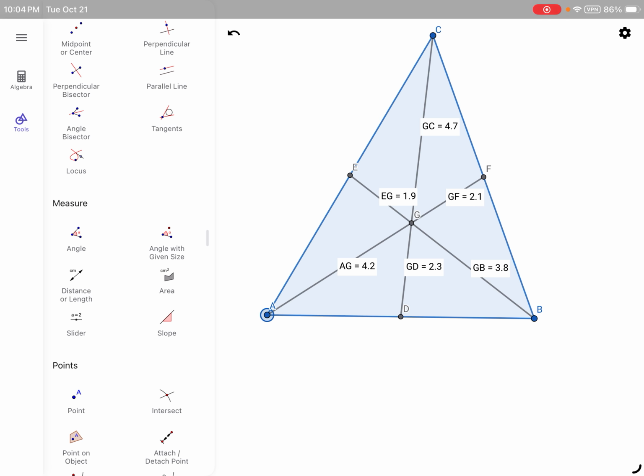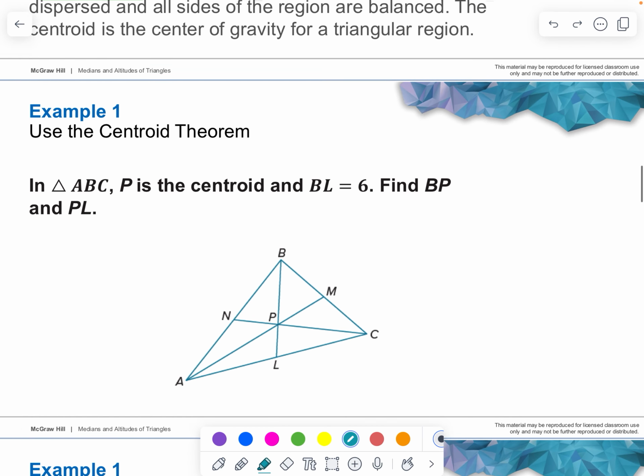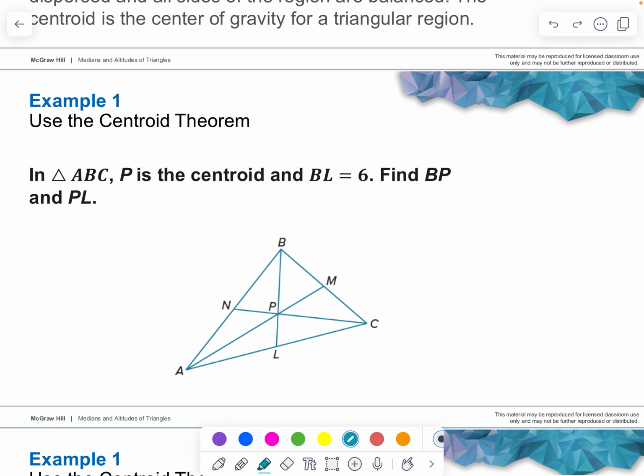Okay, so let's go see what the math looks like on this. Okay, in triangle ABC, P is the centroid and BL is 6 units long. Okay, so this whole thing is 6 units long. Find BP and PL. If the whole thing is 6 units long, 2/3 is going to be up here and 1/3 is going to be down here.